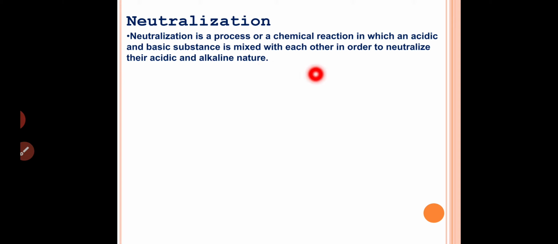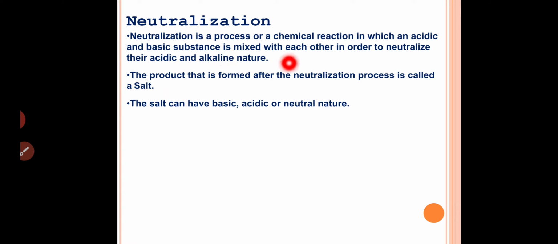If we have some amount of acid and we mix it with some base, it will become neutral. This is called a neutralization reaction, because we are decreasing the acidity or the basic nature of the substance.